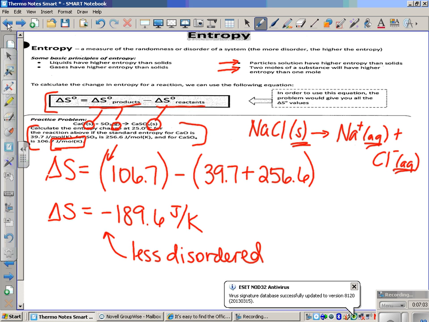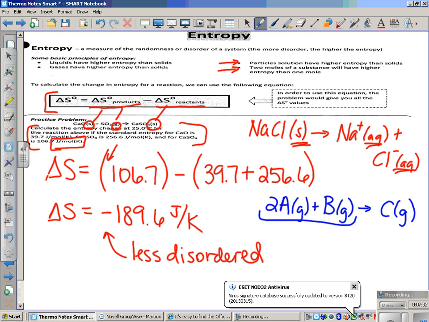Then if you don't have even that, let's say all the phases are the same, like it's all gases, then what we're going to do is look at how many moles we have. Because the more moles you have, the more chaos you have. Think about Disneyland. When it's crowded, there's a lot more chaos than when it's empty. So let's say you had an equation like this. You have 2A gas plus 1B gas becoming 1C gas.